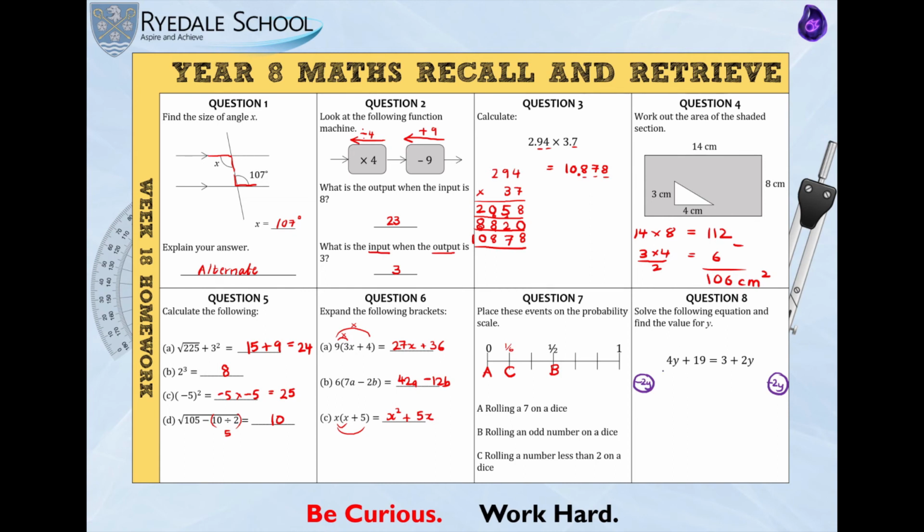If I've got 4y's on one side and 2y's on the other side, I can knock 2y's off both sides of the equation, and it becomes 2y plus 19 equals 3. Now that I have isolated the y in one place, I need to think about operations to move all the numbers to the other side. So the inverse of plus 19 is take away 19.